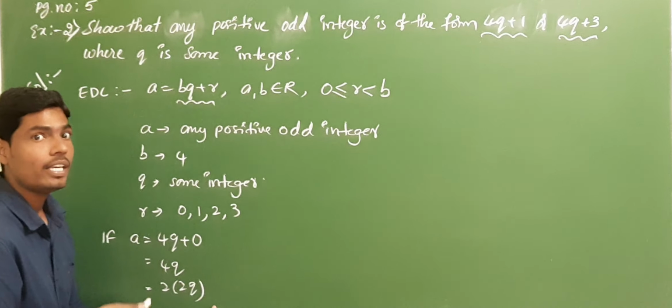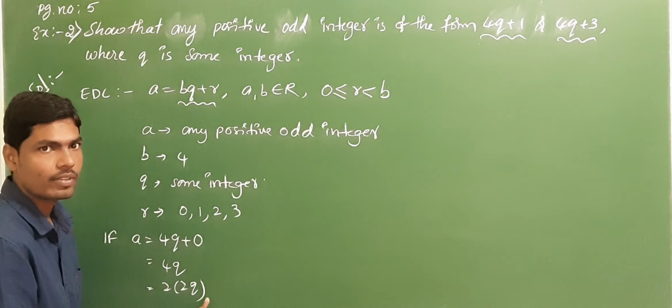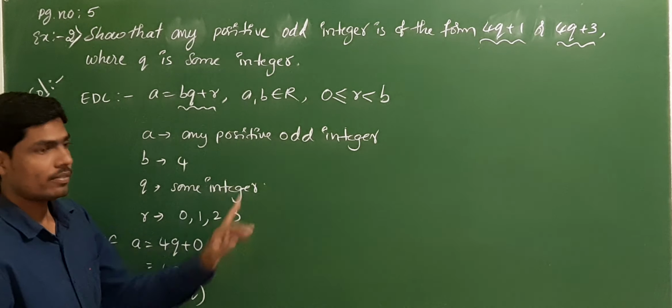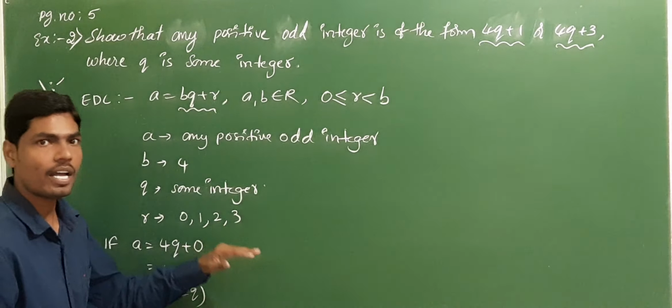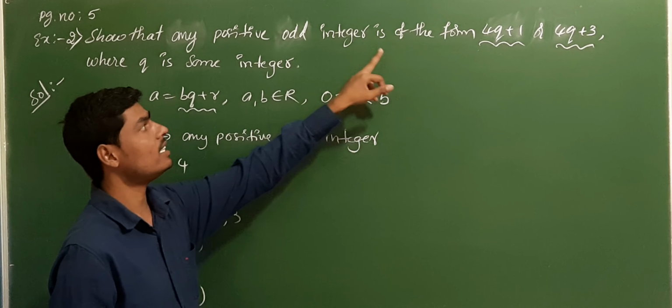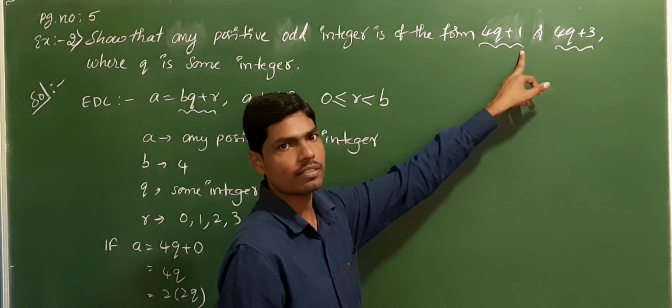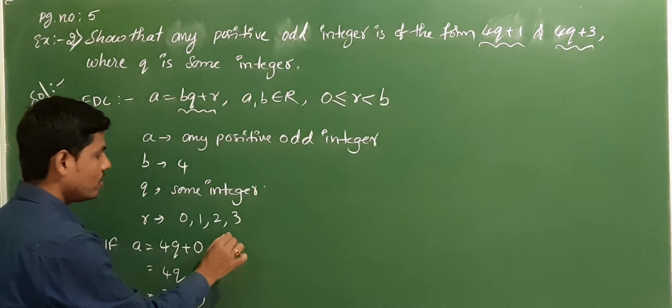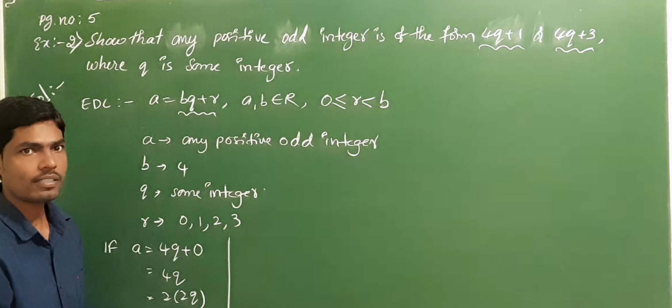That means it is an even number. But what do we need to prove? An odd integer is of the form 4q plus 1. 4q plus 0 is not there in that. So, no need to take this.